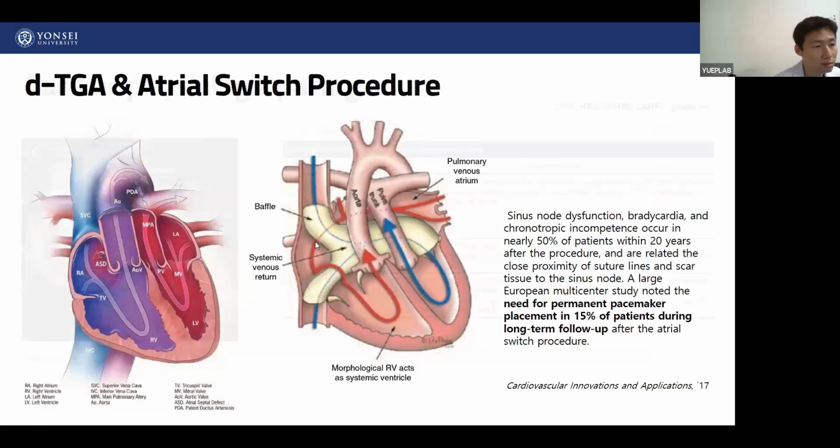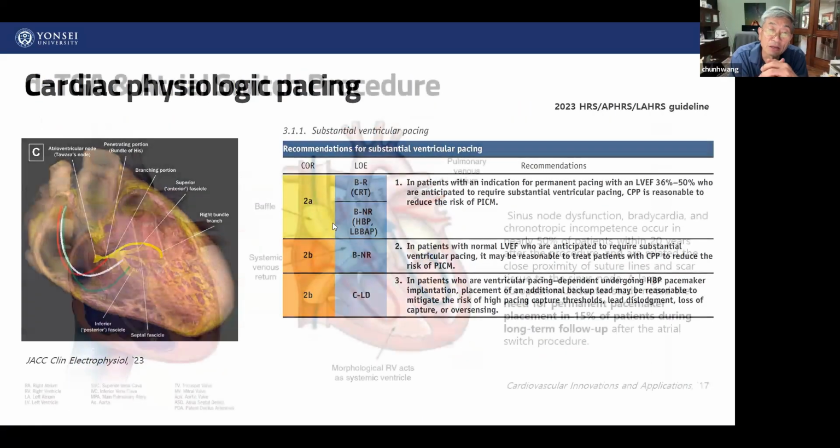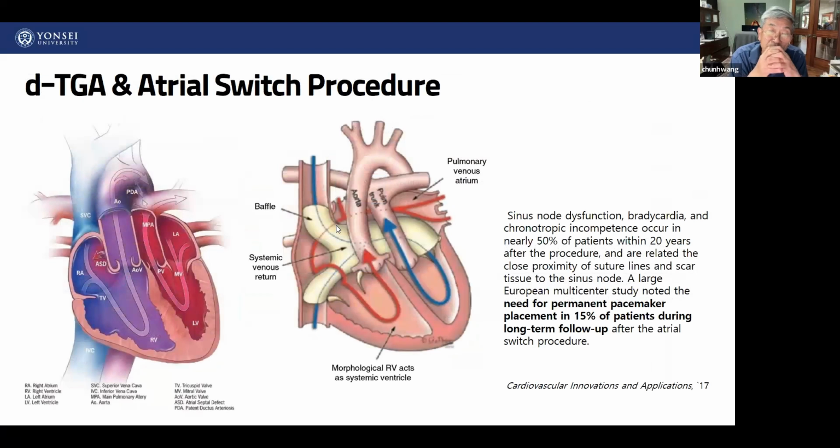In your figure, if you look at the Mustard, your SVC cannot access Bachmann bundle. How do we put that in? Do you go around the baffle? This is a baffle made of artificial material, probably Dacron. Do you make a puncture, or what do you do?